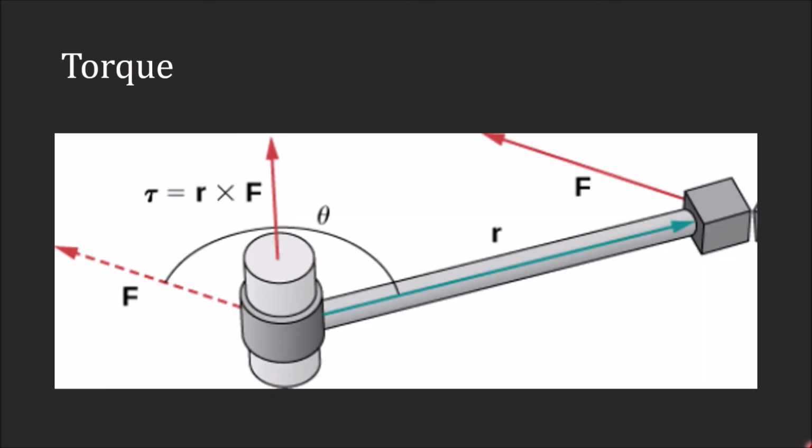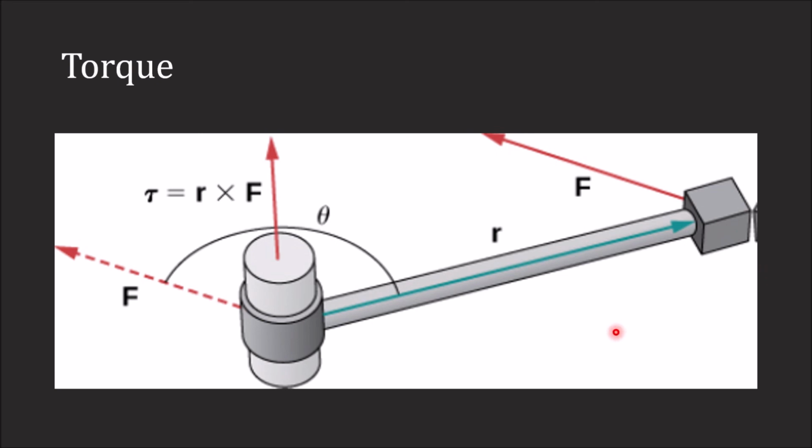So imagine using a wrench to tighten a bolt. Right? So here's our bolt, here's our wrench. The torque applied to the bolt depends on how hard we push the wrench, force, and how far up the handle. So the torque increases with a greater force on the wrench at a greater distance from the bolt.